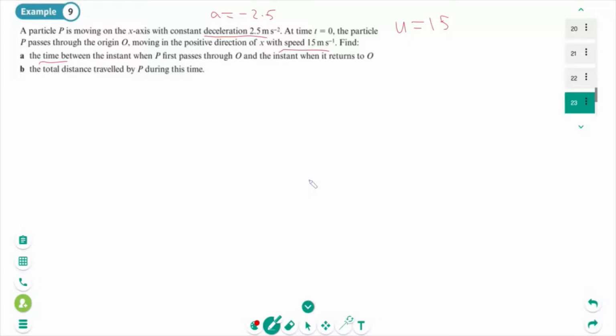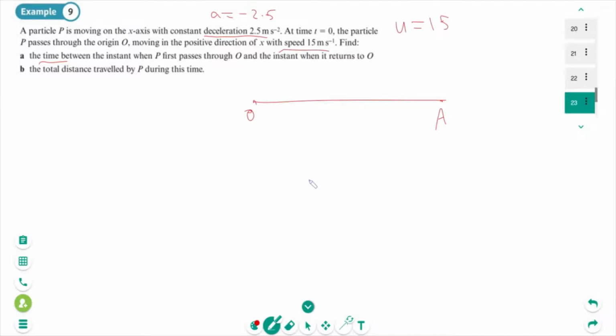So the diagram may be helpful. The particle is moving from point O, this is the x-axis, to point A. You want to know the time it takes between passing through O and the instant when it returns. So you want to know how long it takes to go forwards and backwards. So the path it's taken is like it's going forward and backwards.